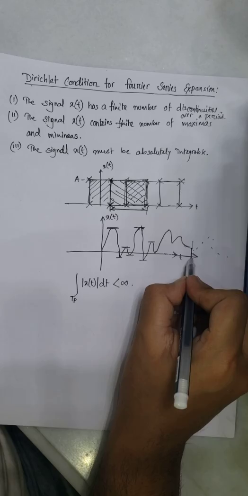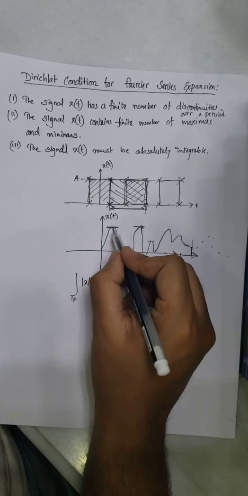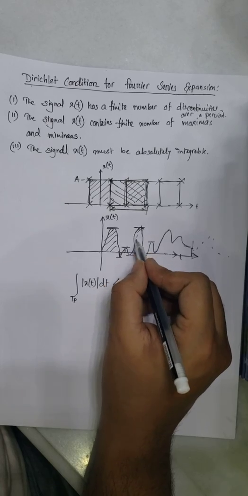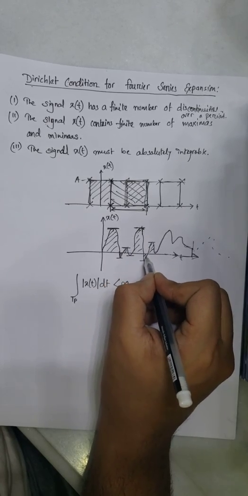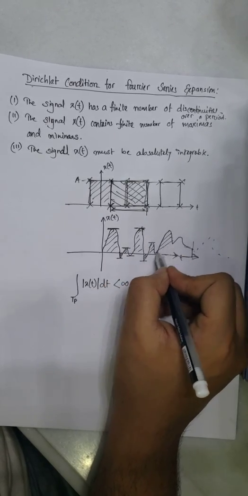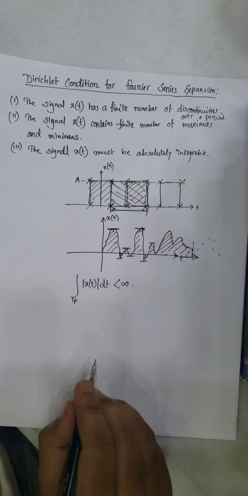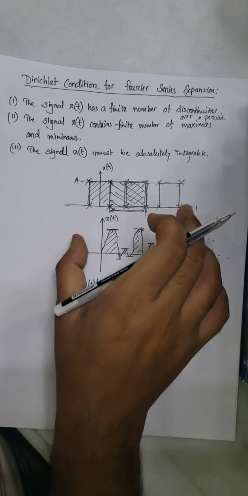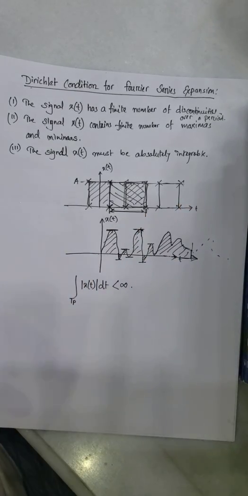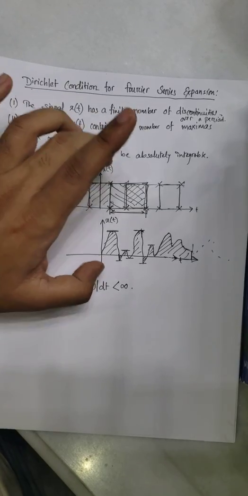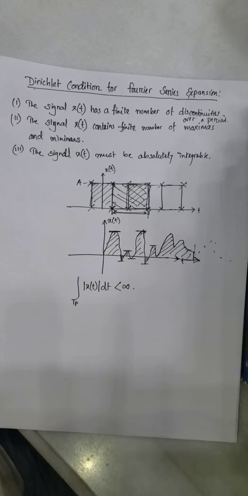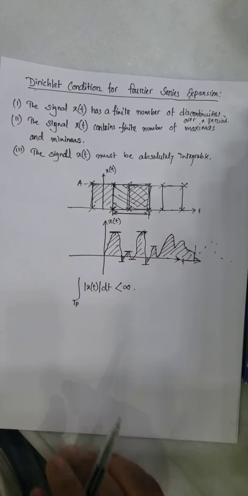Similarly, for this signal, the area under this curve, which is this part, negated by this part, this part, this part, and the negative area of this part, is also not infinite. That means the area can be defined to a single value or single expression. That means both the signals follow the three Dirichlet conditions and can be expanded to the Fourier series.